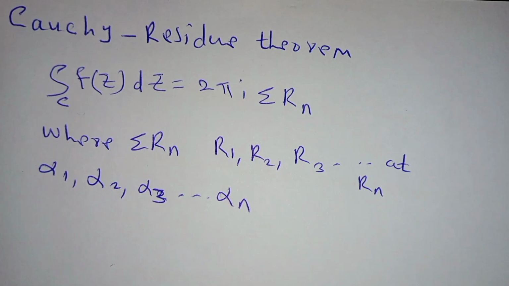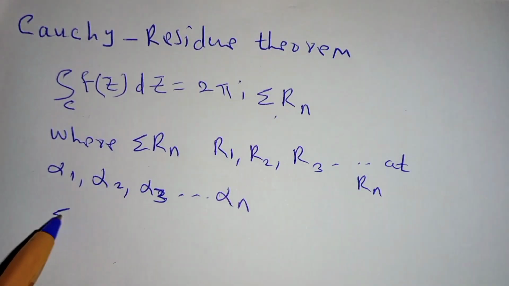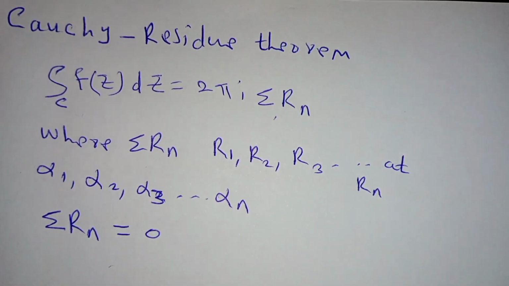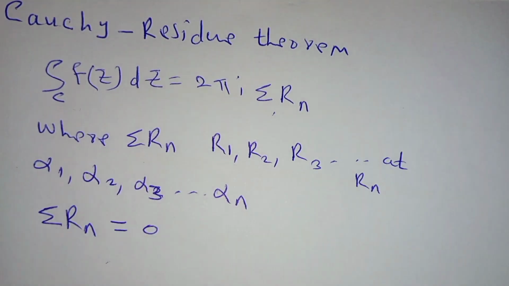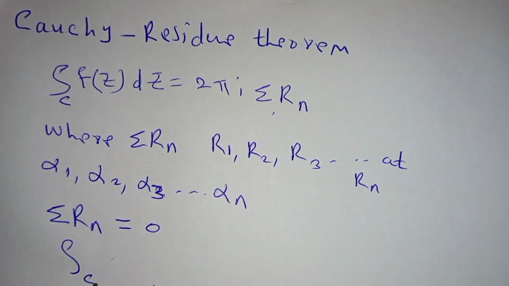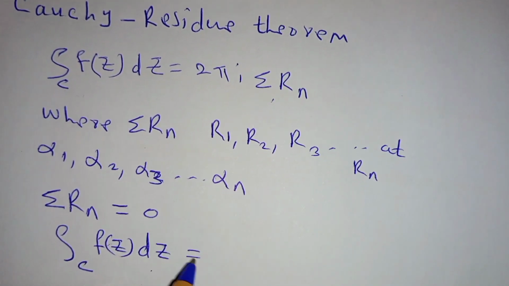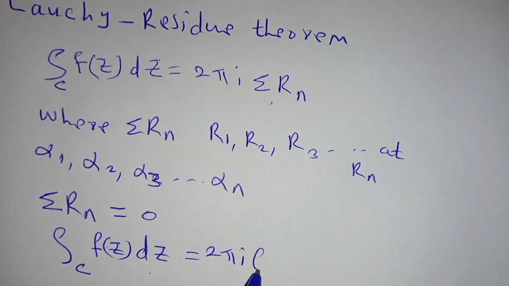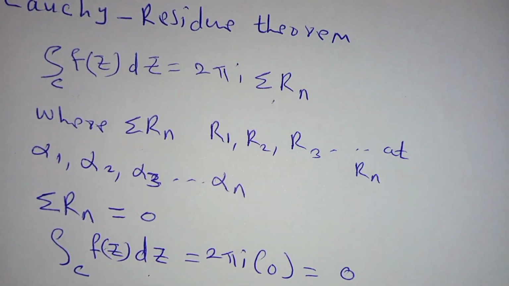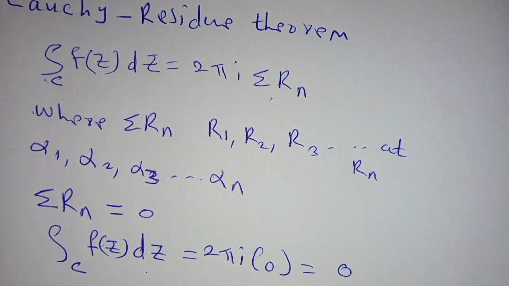In case there is no pole inside, then the sum of the residues will be equal to 0, and the Cauchy residue theorem reduces to the following: the integral of the complex function f of z dz is equal to 2 pi i multiplied by 0, which is equal to 0, in case there is no pole inside C, whereby C is the circle.